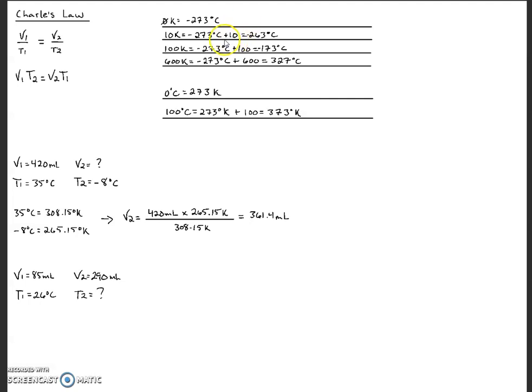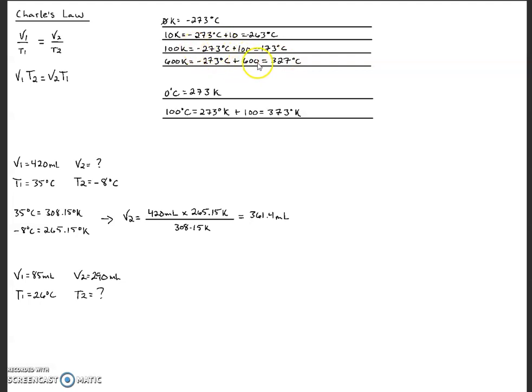So if we take 10 Kelvin, minus 273 plus 10 gives us minus 263 degrees Celsius. We carry on down that line. So 100 Kelvin would be minus 173 Celsius. For 600 Kelvin, we go the other way, because once you hit 0 Celsius, that is 273 Kelvin.